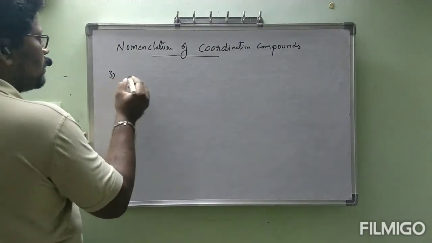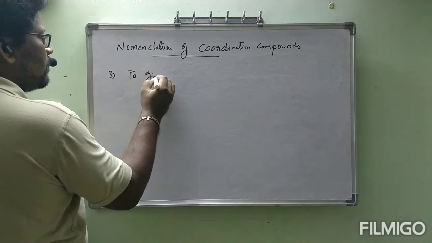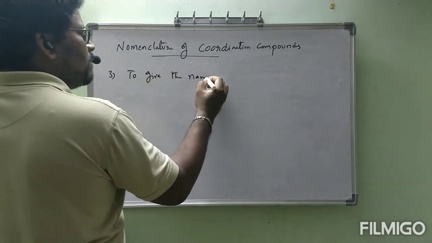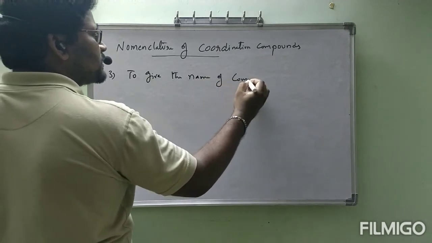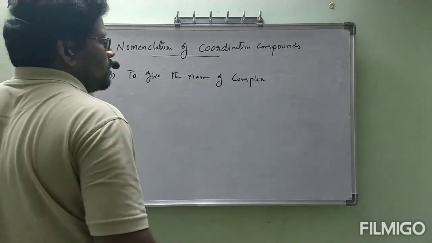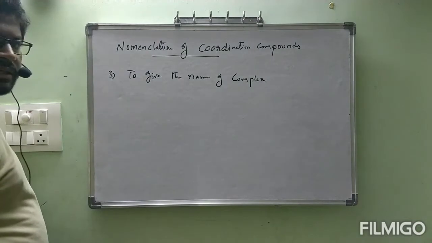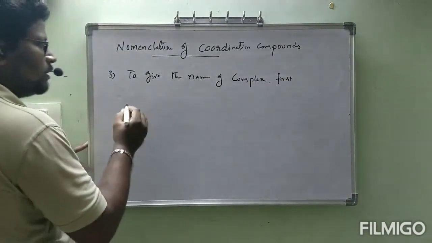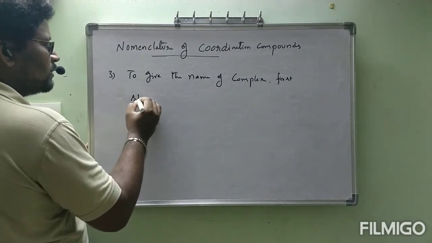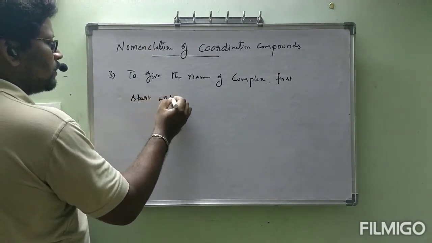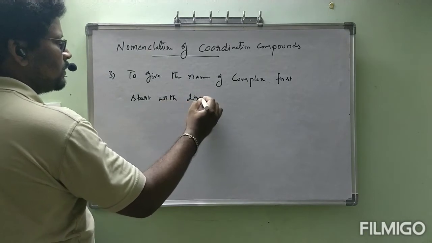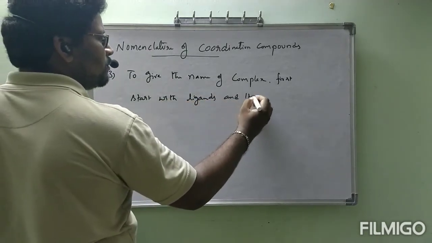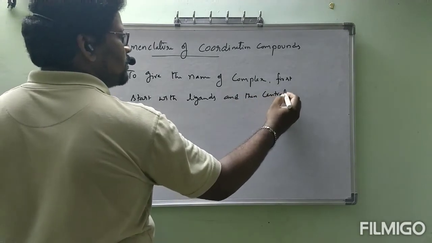Third one. To give the name of complex, first start with ligands and then central metal atom.